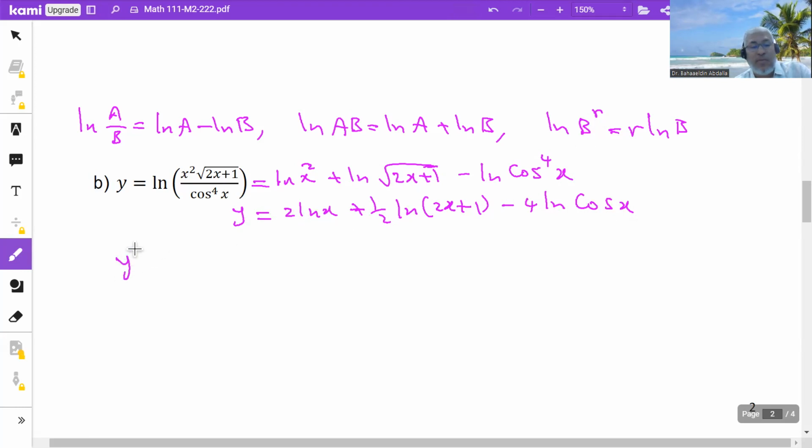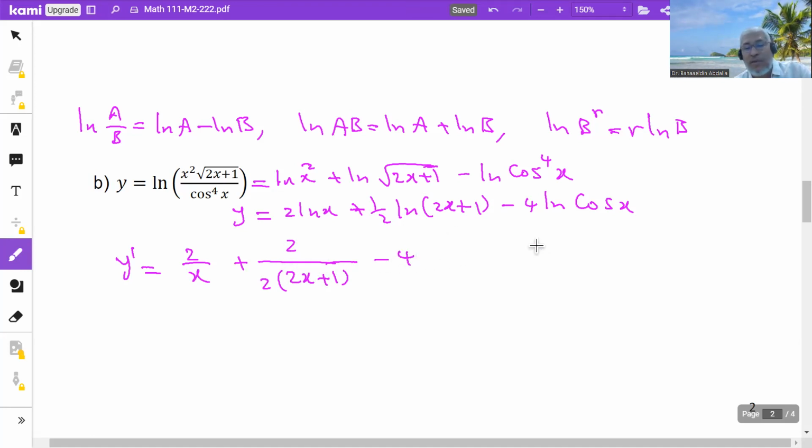And now you can find y prime easily. Derivative of ln x is 1 over x. There is a 2 here, so 2 over x plus half. I can write 2 here. Derivative of ln 2x plus 1 is 1 over 2x plus 1 times the derivative of 2x plus 1 using the chain rule, which is 2.